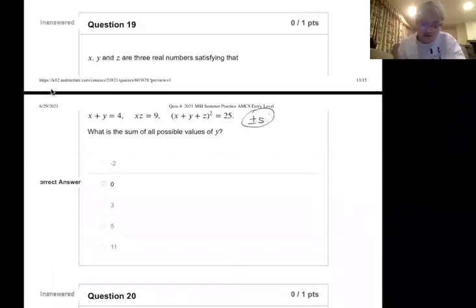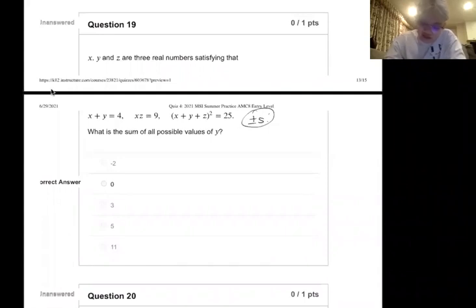Question 19. X, y, and z are 3 real numbers satisfying that x plus y equals 4, xz equals 9. The square of x plus y plus z is 25. What is the sum of all possible values of y? Notice that (x plus y plus z) squared equals 25.